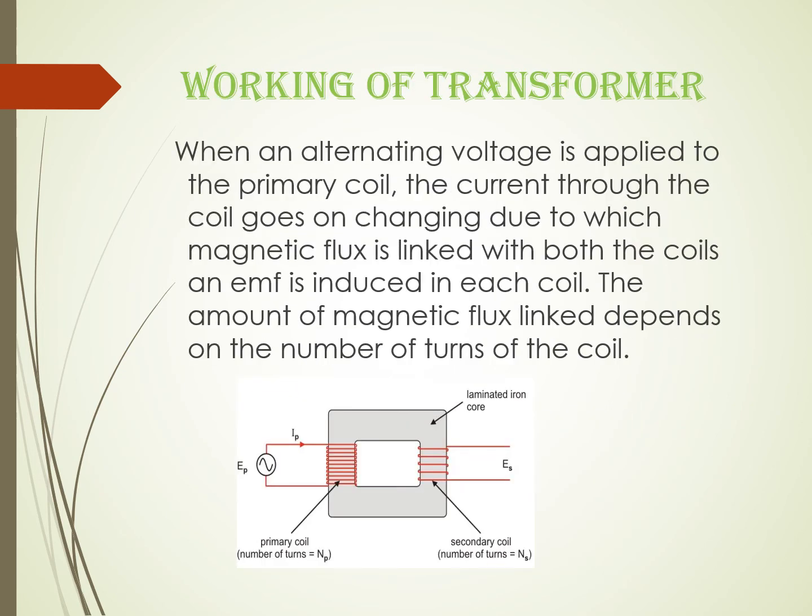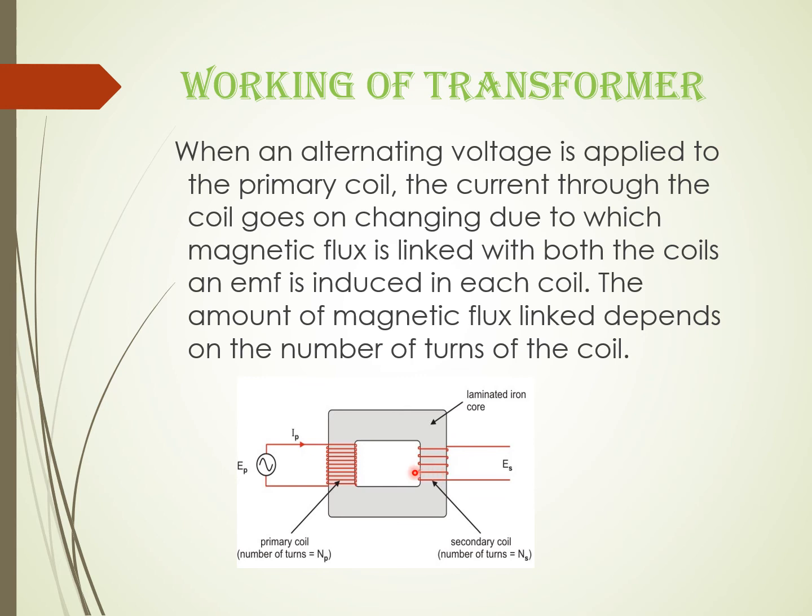Now we'll see how the transformer works. So let us again go with this diagram. Here what we had done, the primary coil is connected to an AC signal. And when an alternating voltage is applied to this primary coil, the current through this coil goes on changing, due to which magnetic flux is linked with both the coils, and an EMF is induced in each coil.